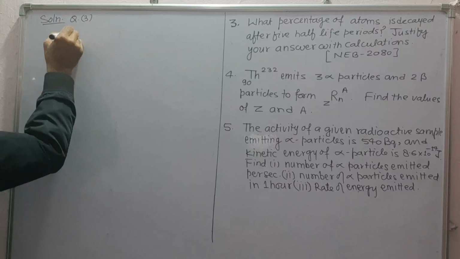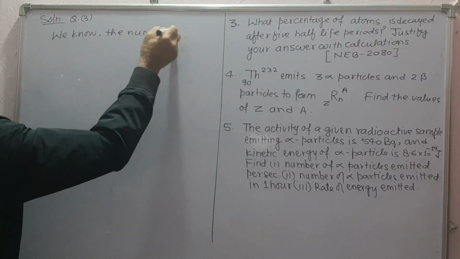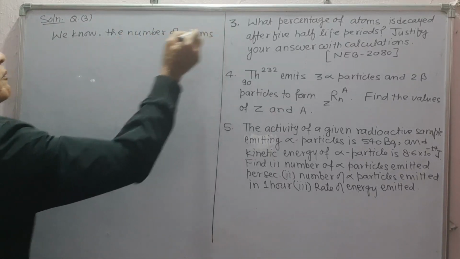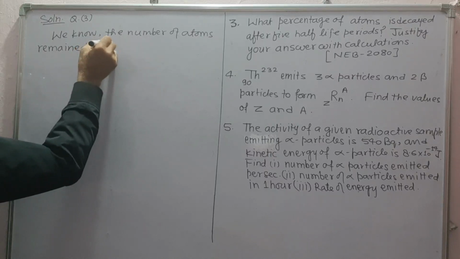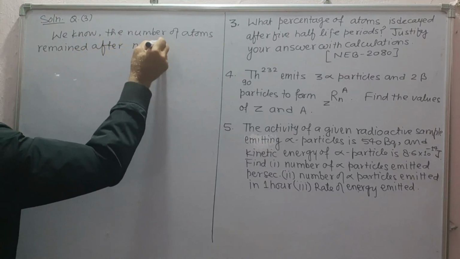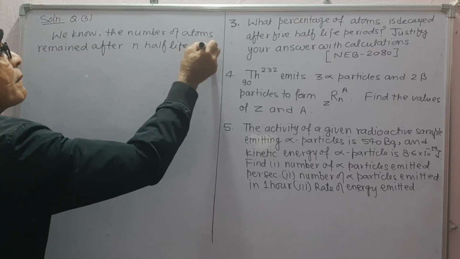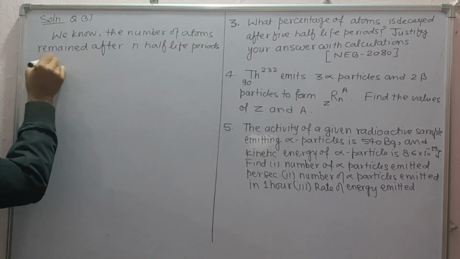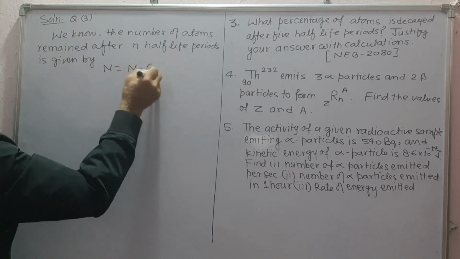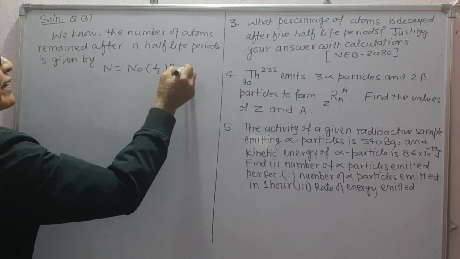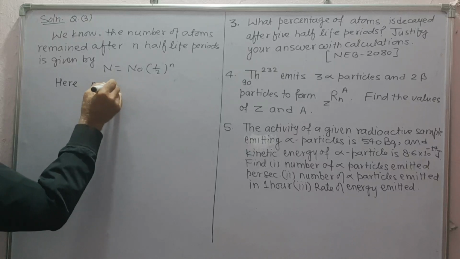We know the number of atoms remained after n half-lives periods is given by N is equal to N naught half power n, where here n is equal to 5.